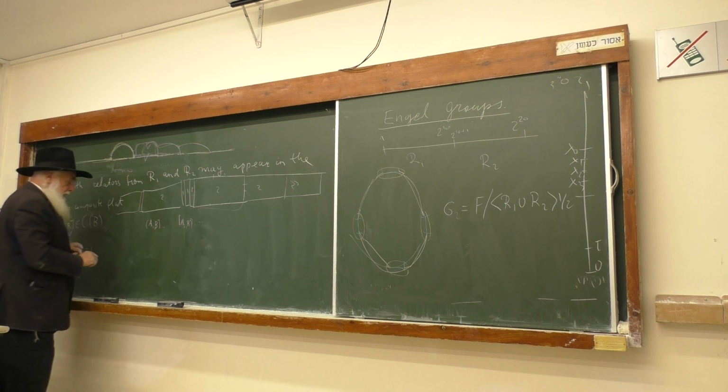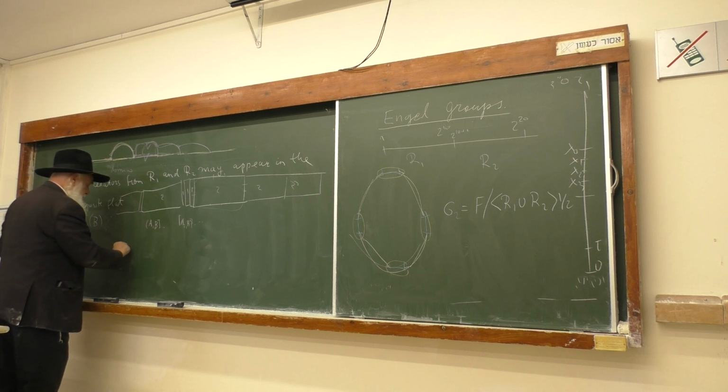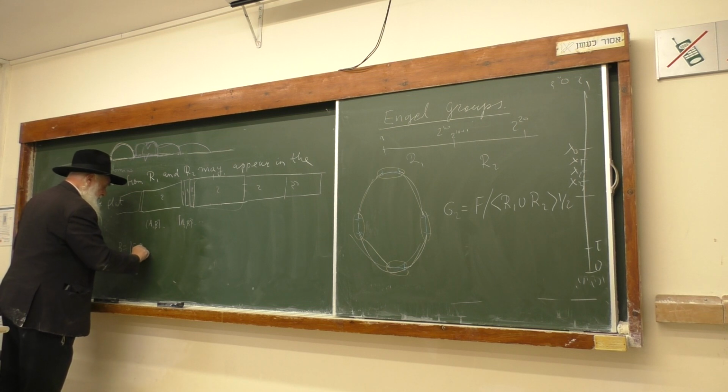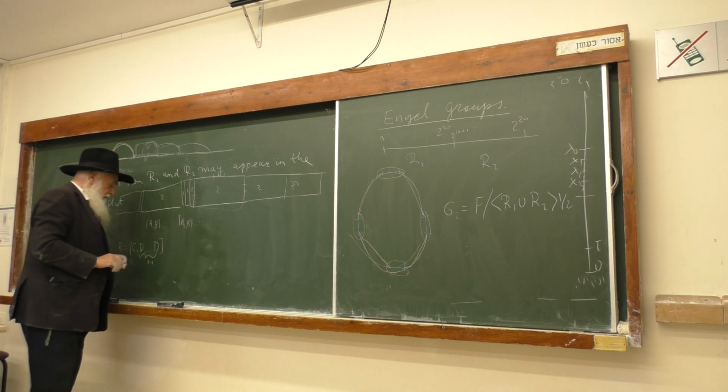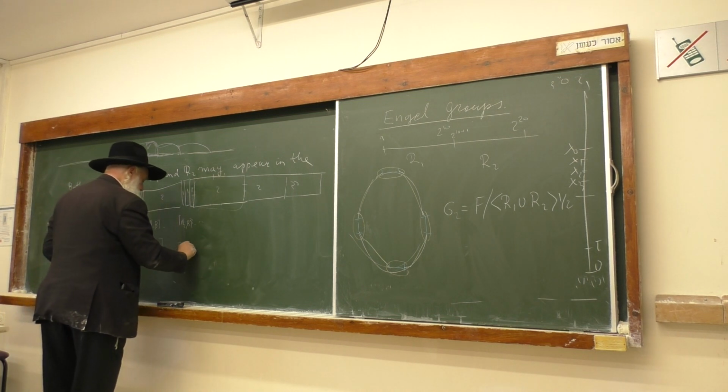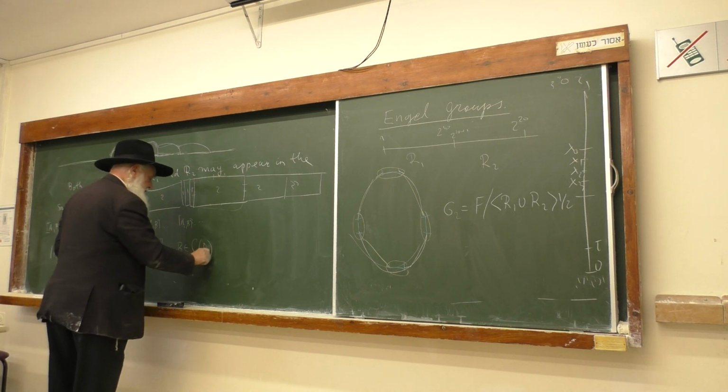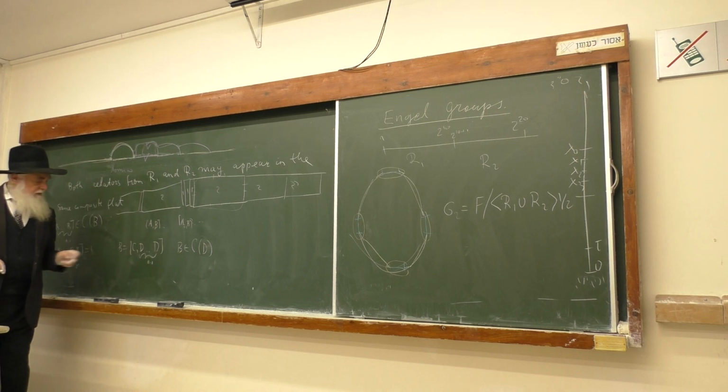Very simple. It could be that B is equal to C D to the power n minus 1, and then B belongs to the centralizer of D. And then D is maybe much shorter than B.